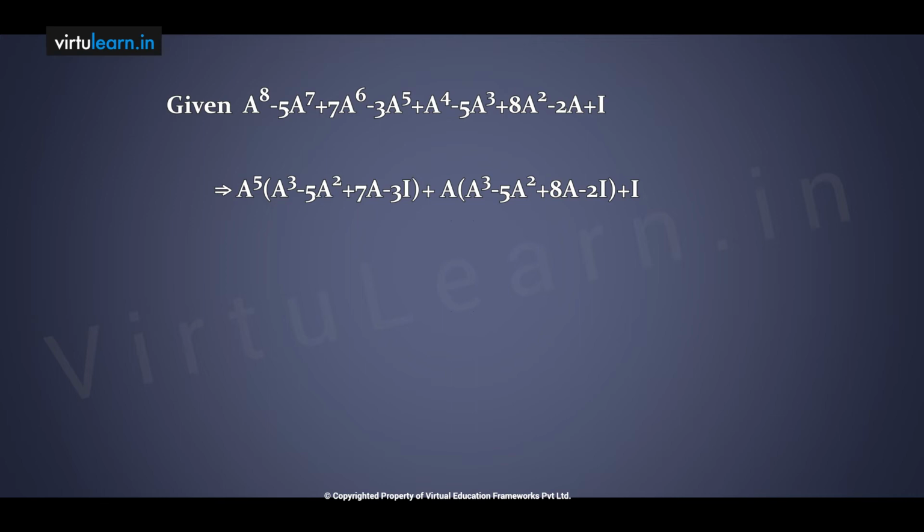Now from the next terms, A is common. Taking A common, from A power 4 it becomes A cube, from the next term minus 5A square plus 8A minus 2I plus I. Now observe equation number 1: A cube minus 5A square plus 7A minus 3I equal to 0.